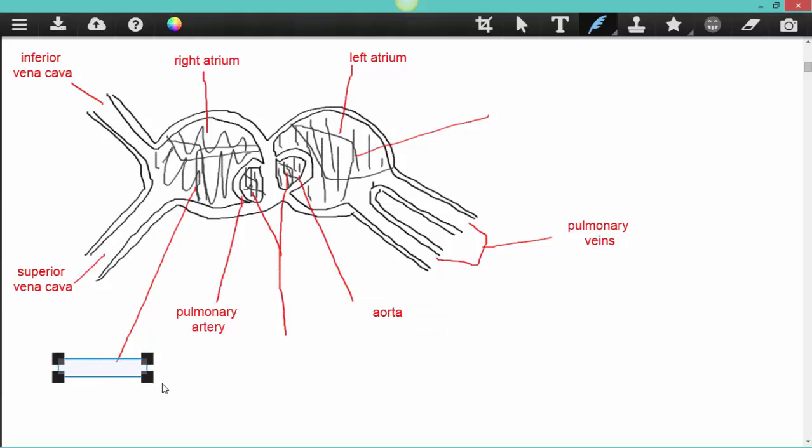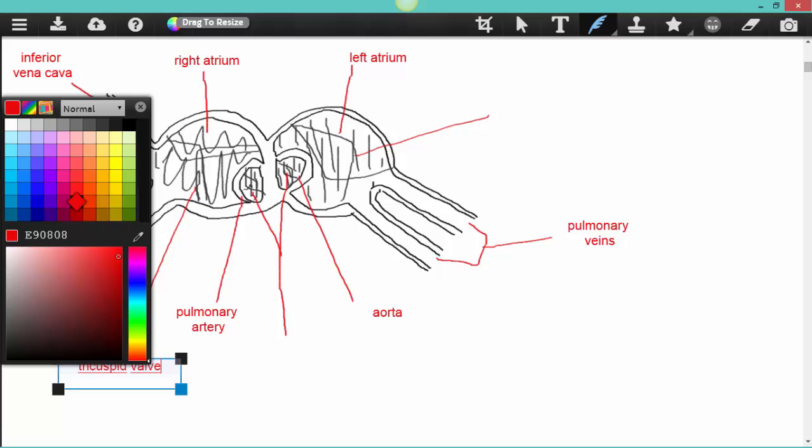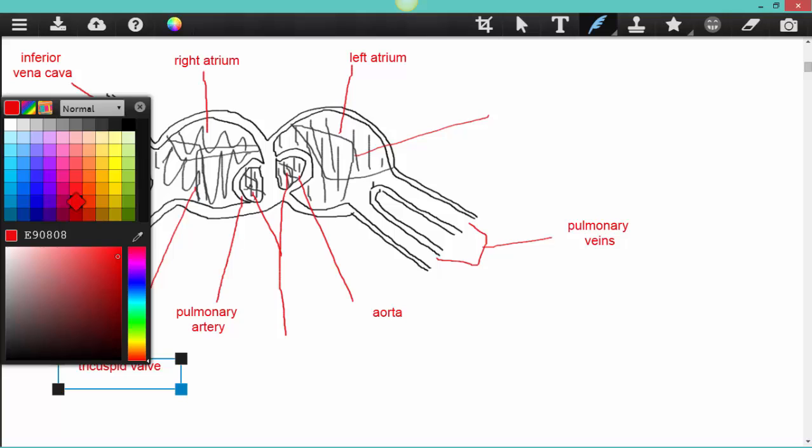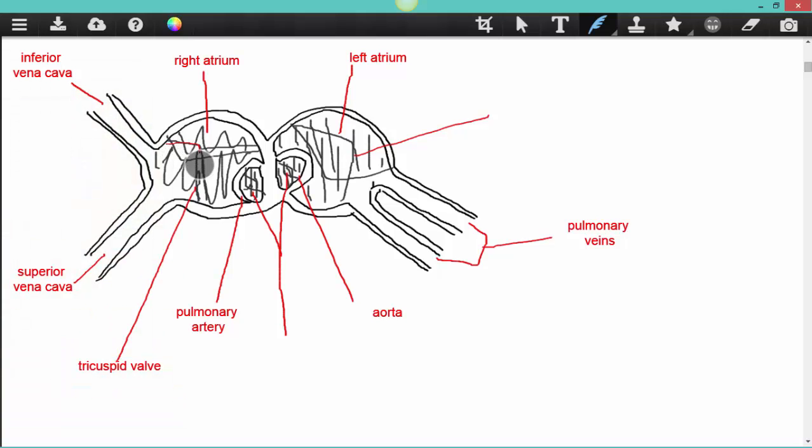Now, as this is the right atrium, this is the tricuspid valve. As you can see, there are 3 flaps. This is why it's called tricuspid valve. On this side, we have the bicuspid valve.